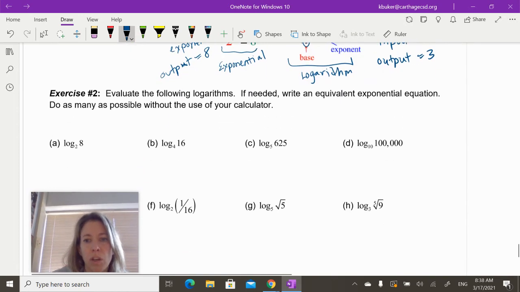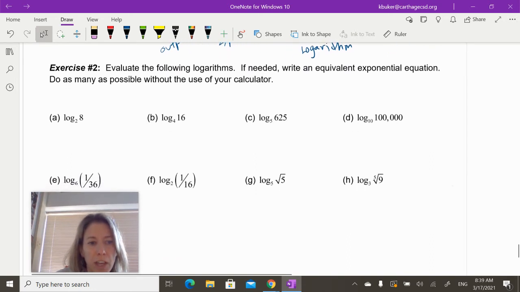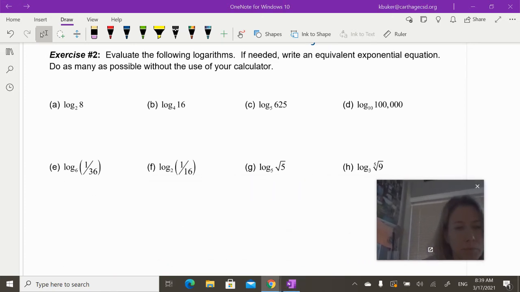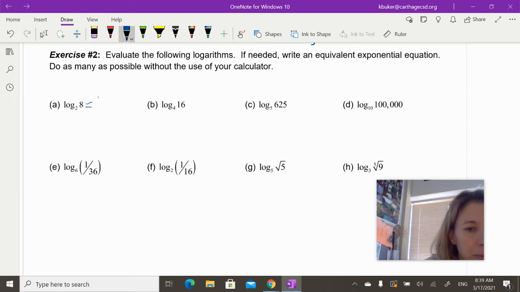It takes a while to get used to these logs, but we're going to start evaluating them. Basically, when we're finding the result of a log, this result represents the exponent of the exponential.